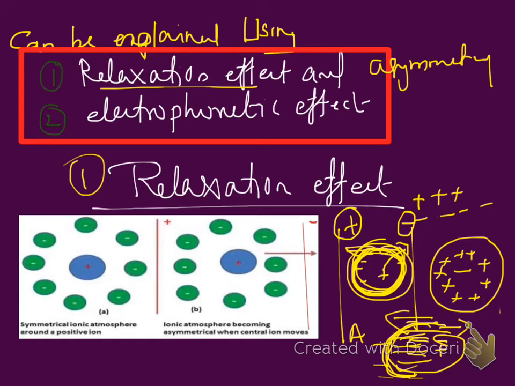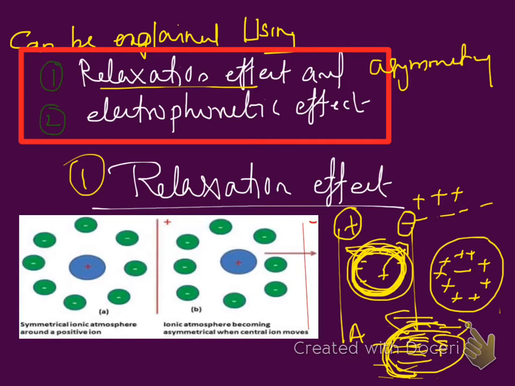This retarding influence of a particular ion on the speed of the oppositely charged ion is called the relaxation effect or asymmetry effect.